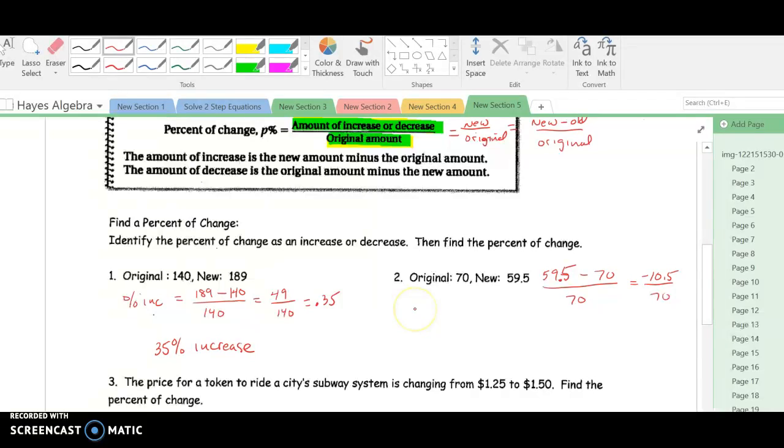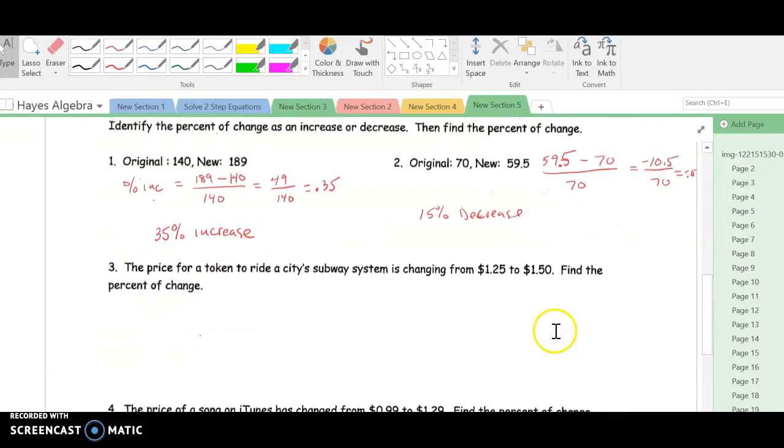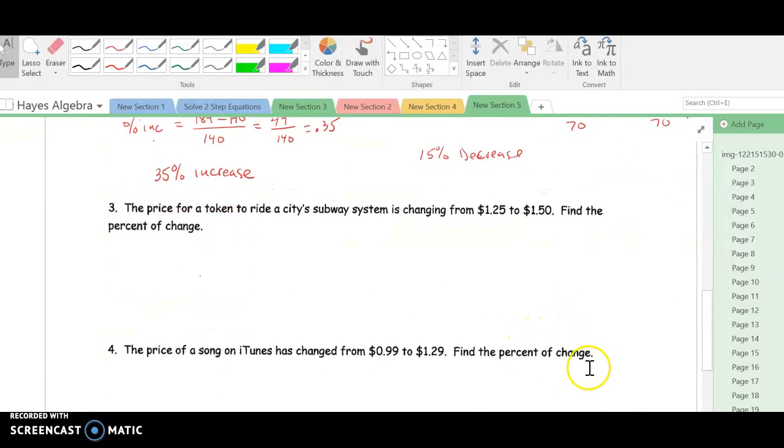So when you take the 10.5 and divide it by 70, you get 0.15. So you would get negative 0.15 here. But in reality, we're just going to say it's a 15% decrease. All right. So you're not going to use the negative when you write your final answer. Negative just means it's going down.